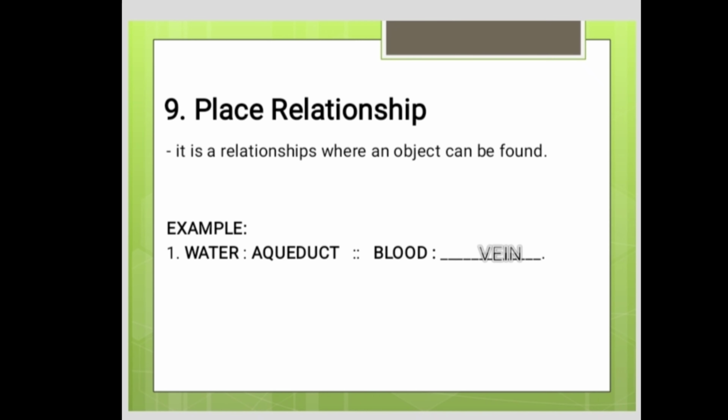Place relationship. Place relationship is a relationship where an object can be found. It also means the place where you would look for something, or the most logical place you will find something. For example, water is to aqueduct as blood is to vein. The meaning of aqueduct is a structure conveying water over a river.